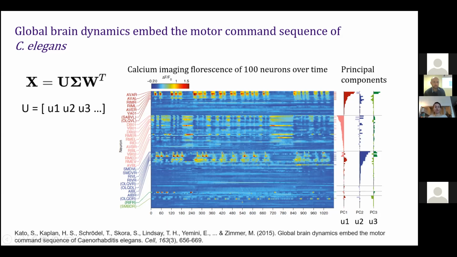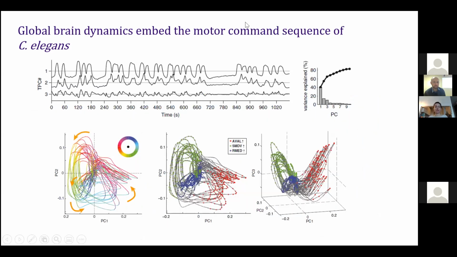All right, so those are the neurons. Now we can look at the time series associated with each of these modes. This is the time series of the first 3 PCA modes. And as you add more PCA modes, the percentage of the variance that you're able to describe goes up, right? So if you include 2, then 3 PCA modes, you're able to explain 60 to 70% of the data.